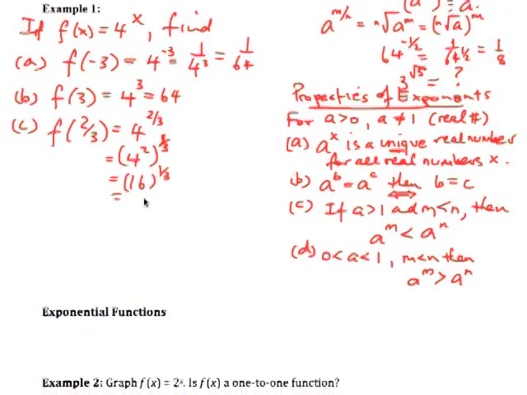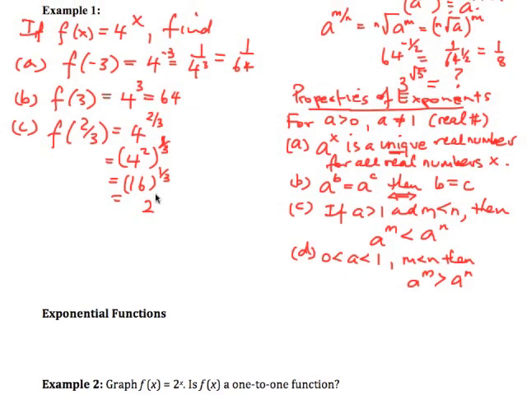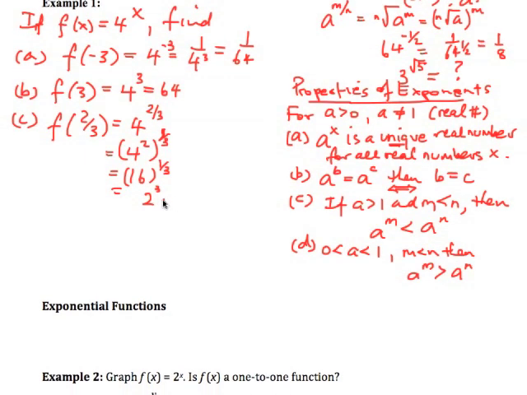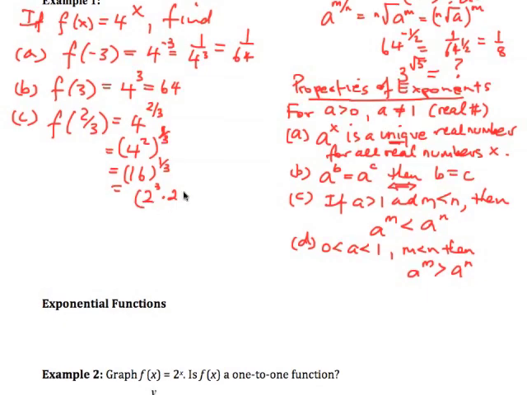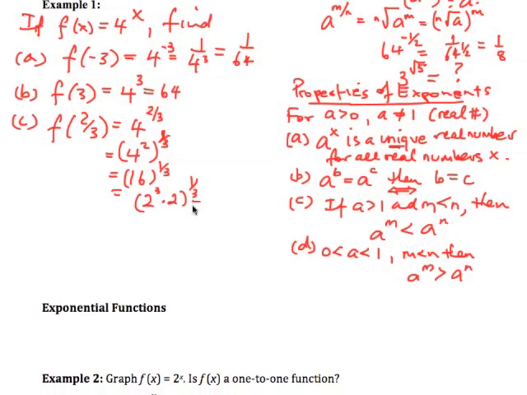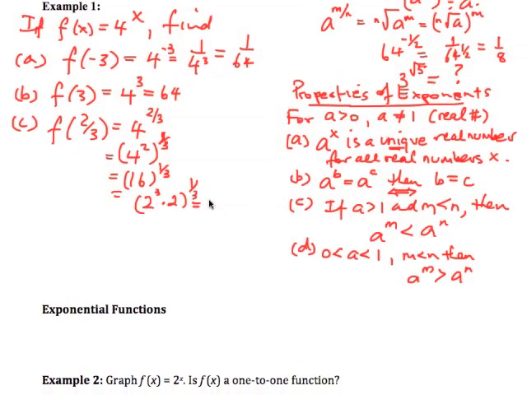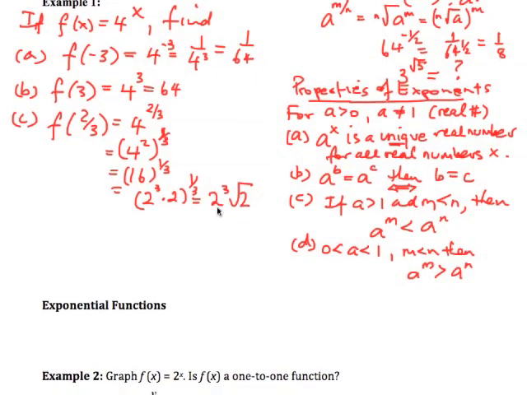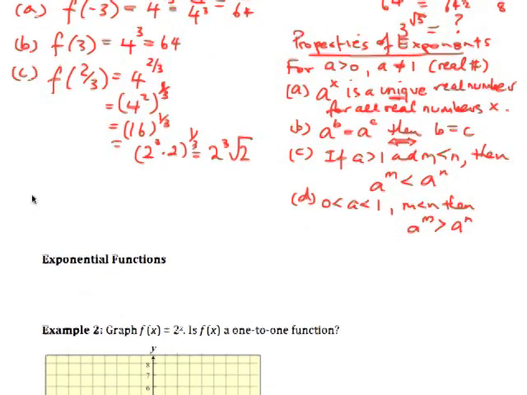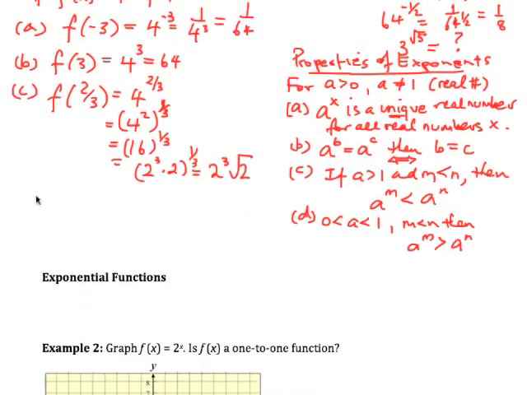Now of course this is going to be 2 cubed, which is 8, times 2 to the 3rd, which of course is going to be 2 to the power of 3 raised to the power of 3rd will of course be 2, and then cube root of 2. Okay, so we end up with that.